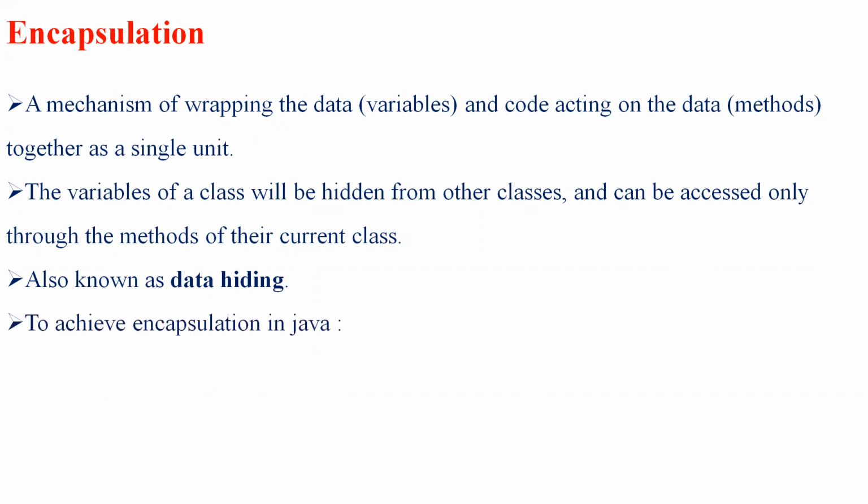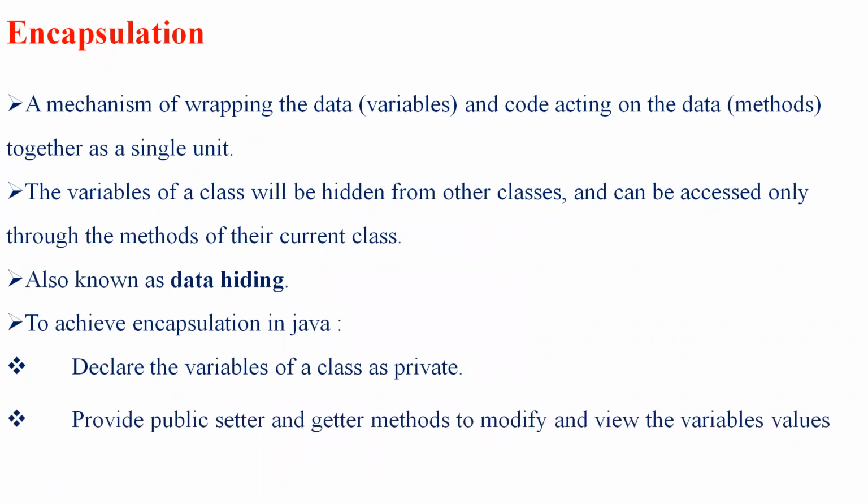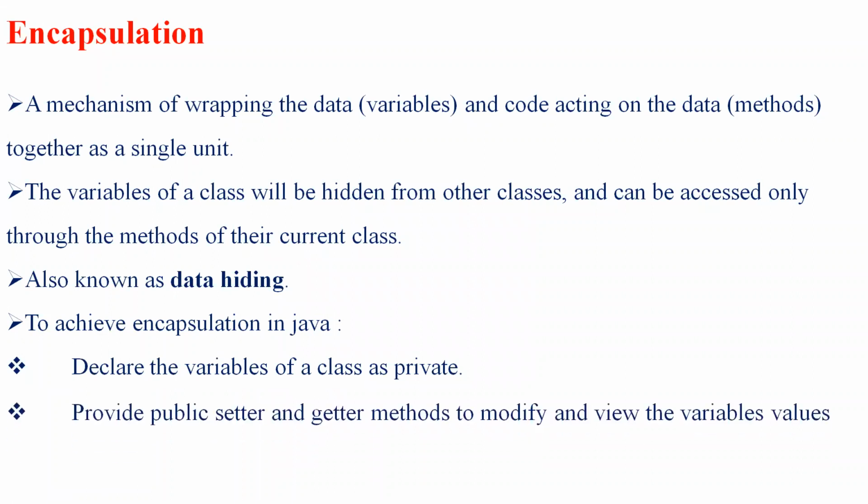So in order to achieve encapsulation, we do two different things. Firstly, we declare the variables of a class as private. By declaring the variables of a class private, we achieve encapsulation. Next, we provide public setter and getter methods in order to modify and view the variable value.